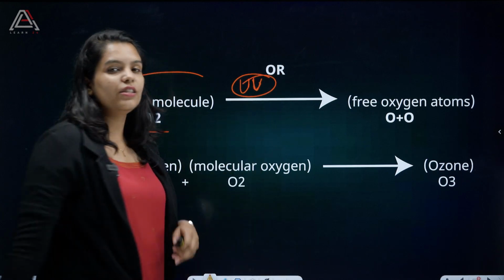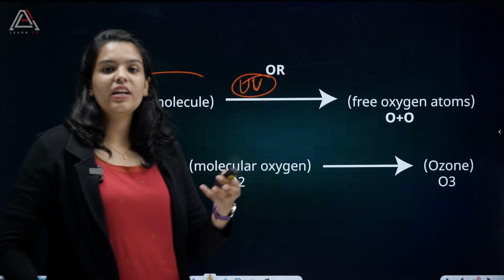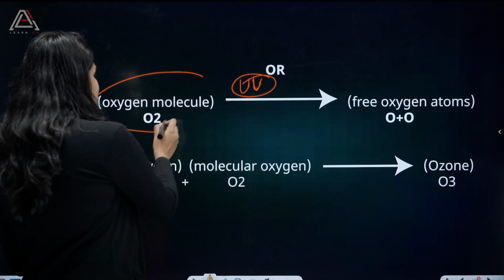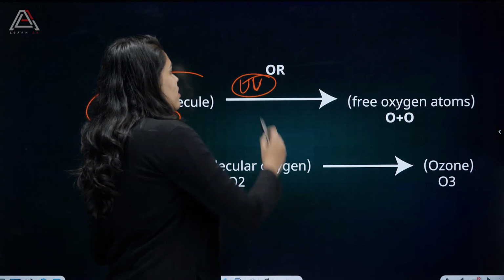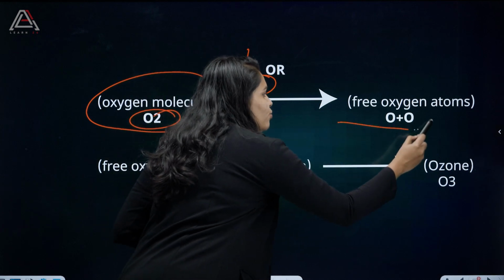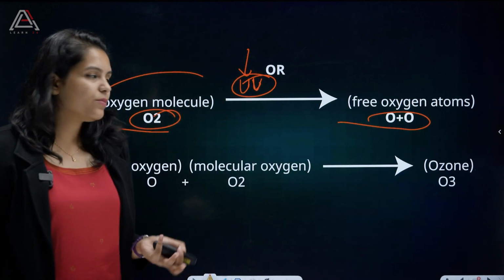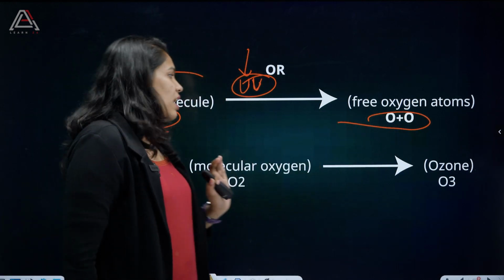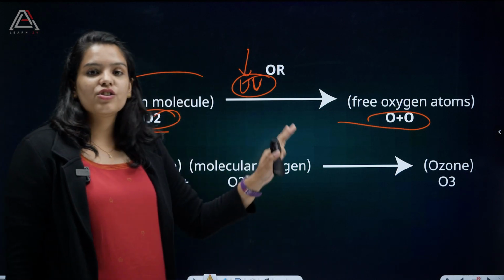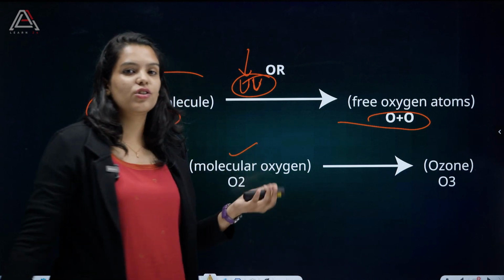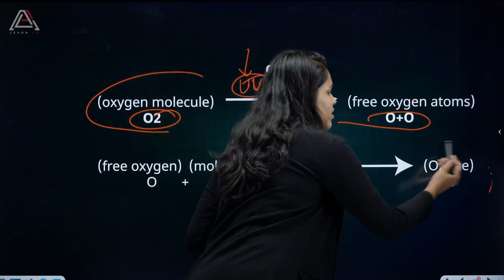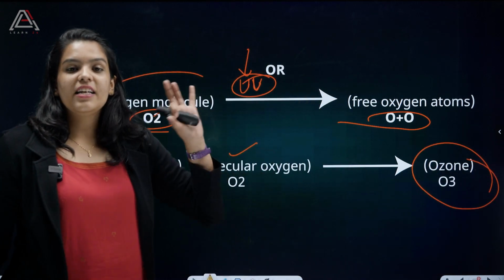When higher UV radiation comes, it splits the oxygen molecule into free oxygen atoms, that is O plus O. Now these free oxygen atoms, when they combine with molecular oxygen again, produce ozone. Understood the entire reaction?